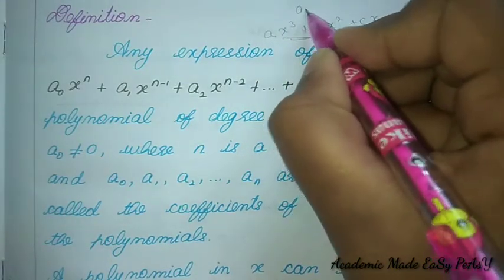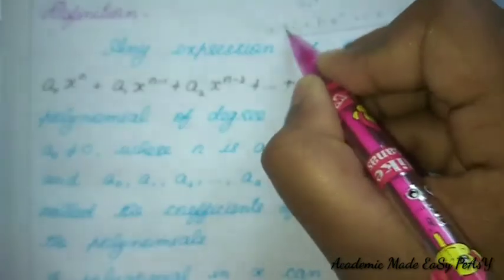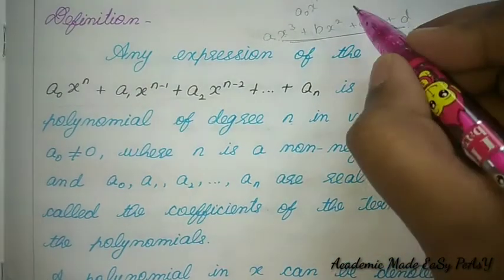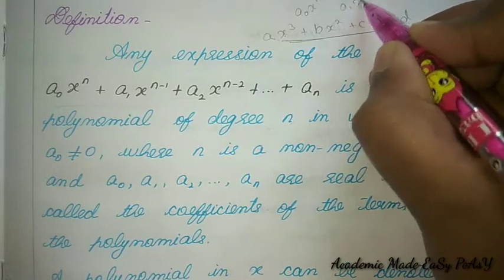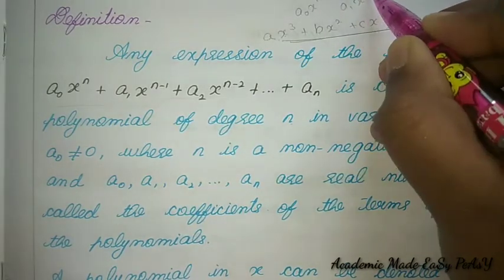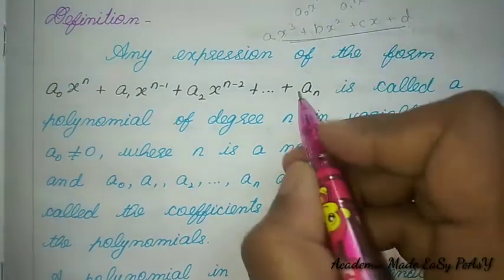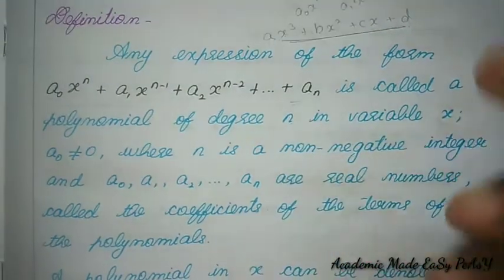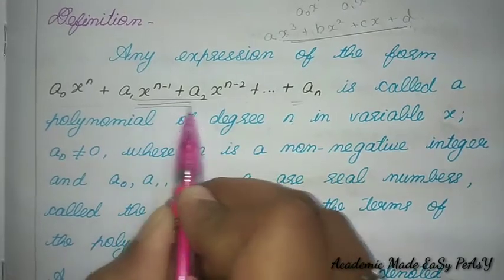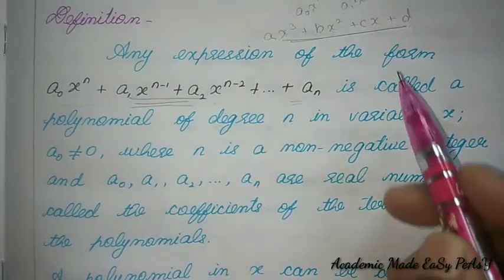So a0 means x power n, it is given. So x power 3. Next, if I take this as a1, so x power n minus 1. So what is my n here? 3. 3 minus 1 is 2. That only is given in the general form. So this is the general form for any polynomial.